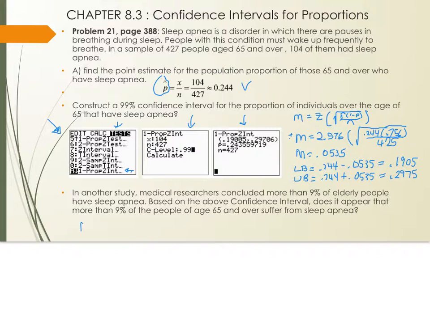So in this case, we're asked whether p is greater than 0.09, and in fact our confidence interval here shows that 0.19 is less than p, which is less than 0.298.